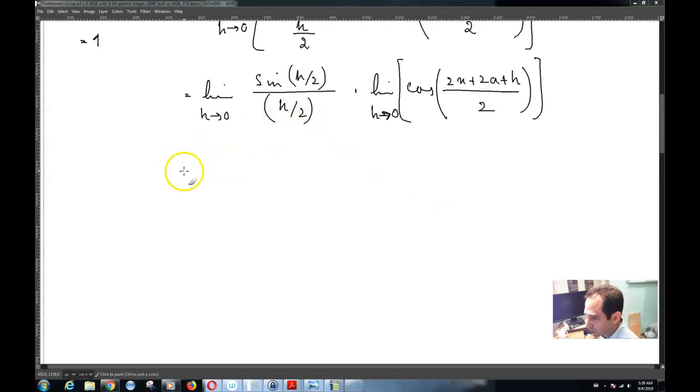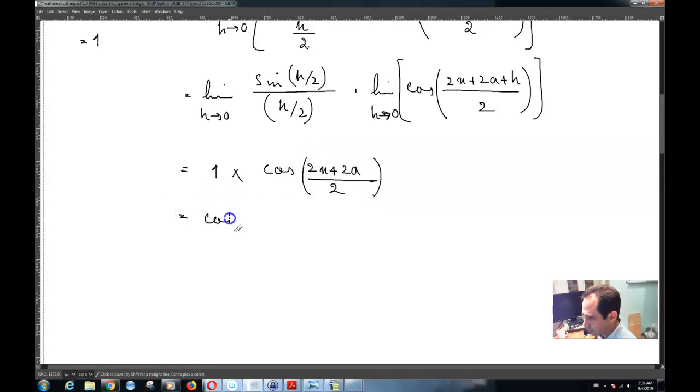So this is just equal to 1 times the limit of cos of 2x plus 2a plus h, whole divided by 2, when h tends to 0. Now when h tends to 0, you can take h as 0, and this becomes cos of 2x plus 2a divided by 2, which is the same thing as cos of x plus a.